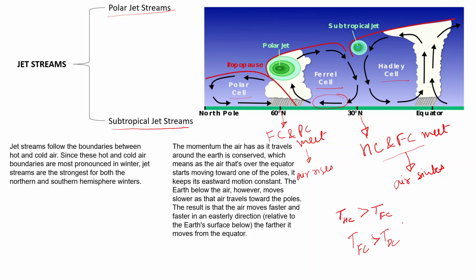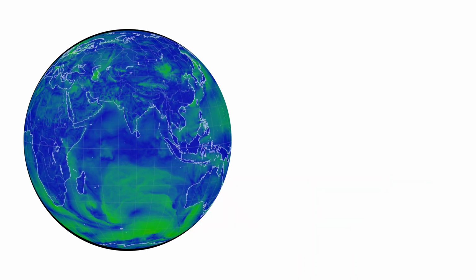So here again we have two different air masses, and therefore these two different air masses don't mix properly. So again here we have different sets of air masses. Now let us see what will happen.